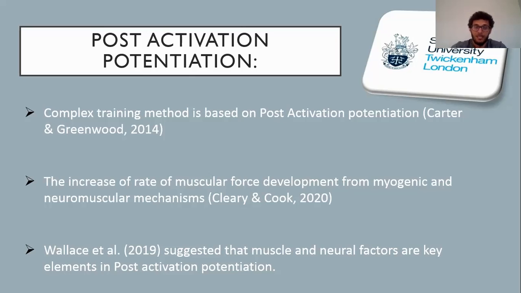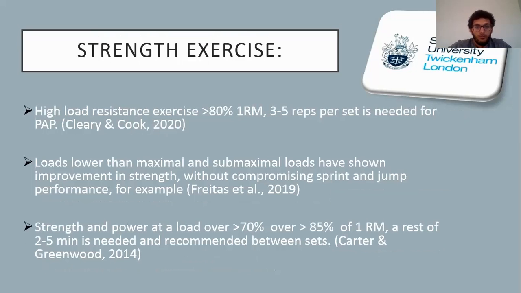So how can this post-activation potentiation be activated? Across the literature, studies have shown that post-activation potentiation can be activated with heavy load. For example, Kramer et al. 2004 reported that a load greater than 80 or 85% of 1 rep max is needed to produce greater neural adaptation during advanced resistance training.